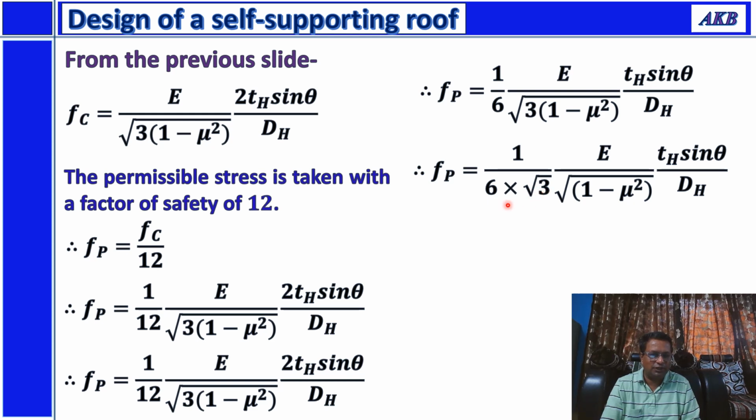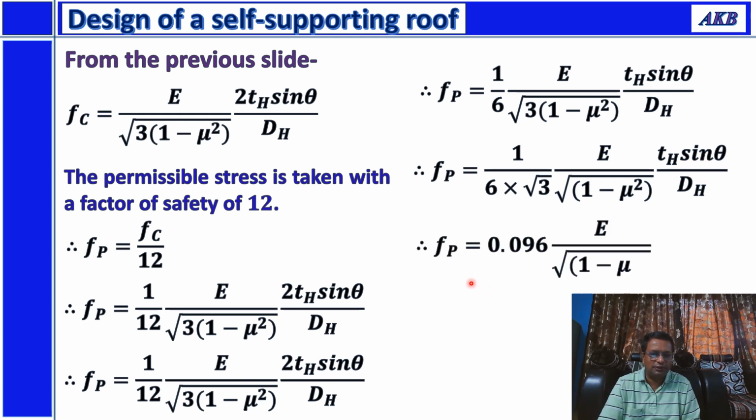So I have taken the square root of 3 out, into E upon under root of 1 minus mu square into Th sin theta upon dH. If you simplify this further, you'll get Fp is equal to 0.96 into E upon under root of 1 minus mu square Th sin theta upon dH.